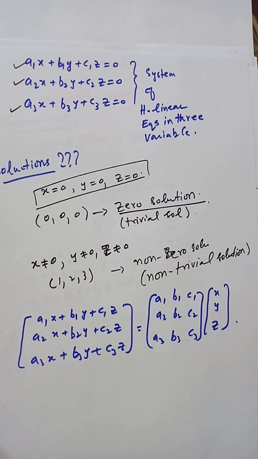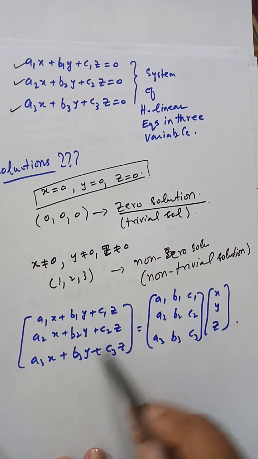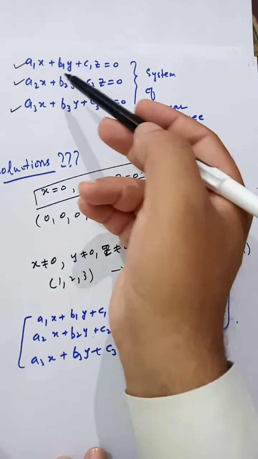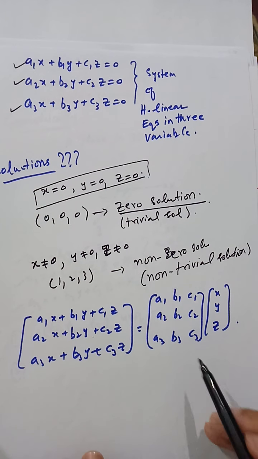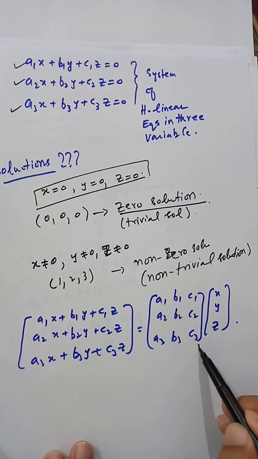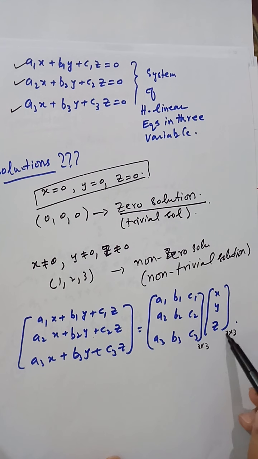If you multiply these two matrices, you will get this, which is actually the left-hand sides of this system, meaning the expressions which contain three variables, each with power equal to 1. So this is 3 by 3 and this is, sorry, 3 by 1.